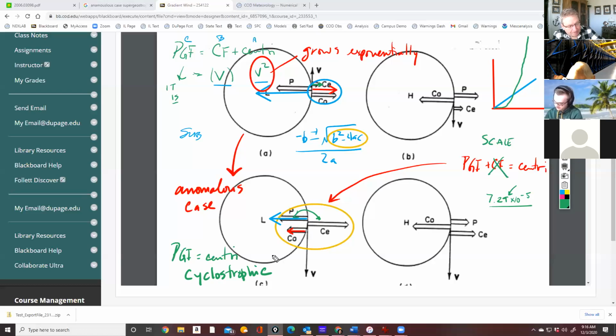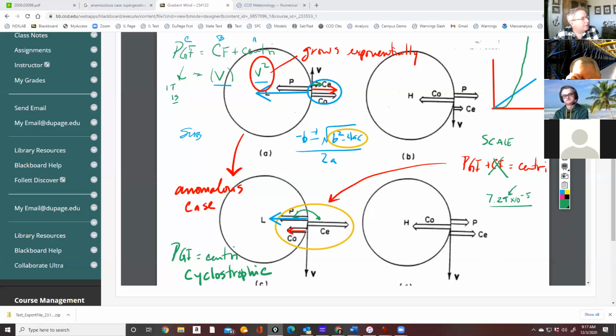Now the question is, can you give me an example of something that is cyclostrophic? What do you think? Would a hurricane count as cyclostrophic?